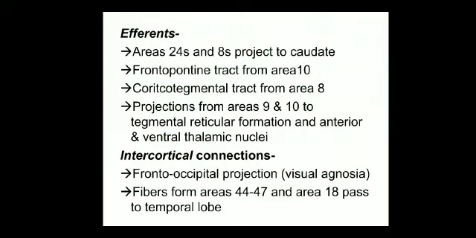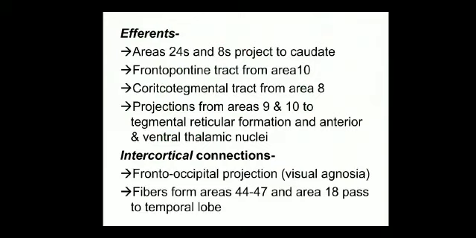And next we have the intercortical connections. One is the fronto-occipital projection, and the other is fibers from areas 44 to 47. The tract runs back from the frontal eye field in area 8 to area 18 in the occipital lobe.